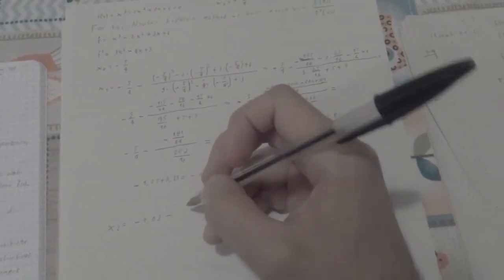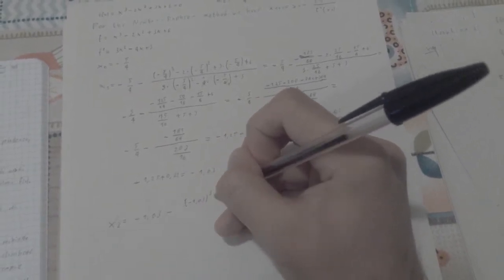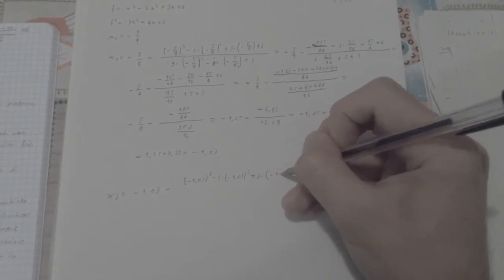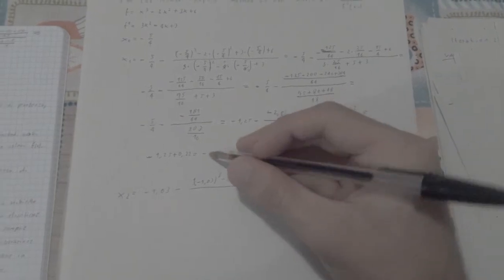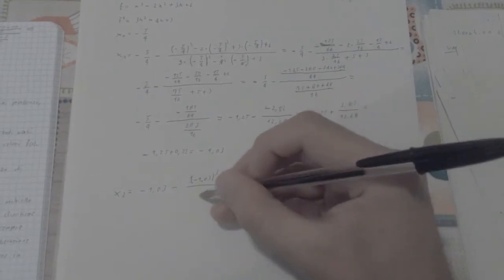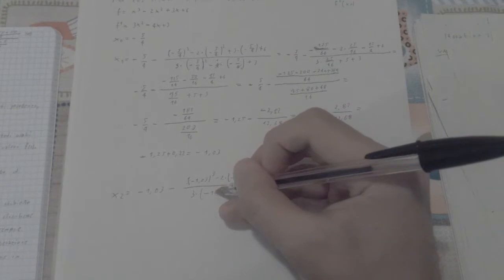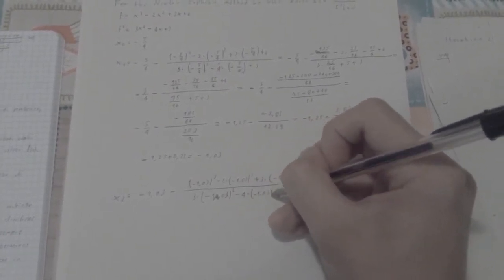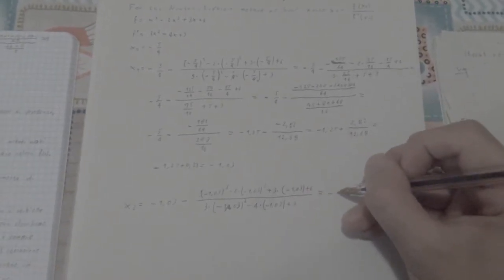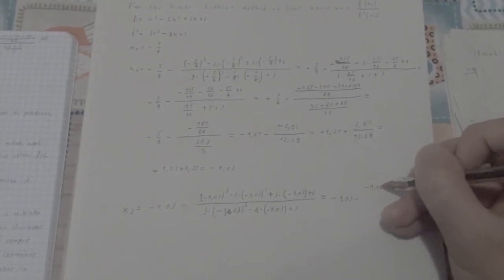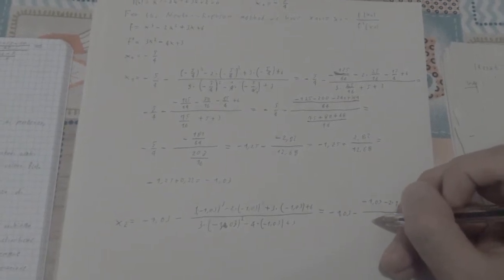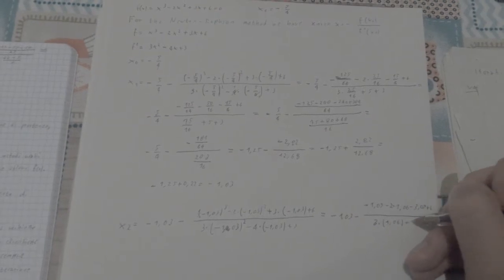So if we do that, we basically get negative 1.03 cubed minus 2 times negative 1.03 squared plus 3 times negative 1.03 plus 6 over 3 times negative 1.03 squared minus 4 times negative 1.03 plus 3, which gives us negative 1.03 minus negative 1.09 minus 2 times 1.06 minus 3.09 plus 6, and then over 3 times 1.06 plus 4.12 plus 3.